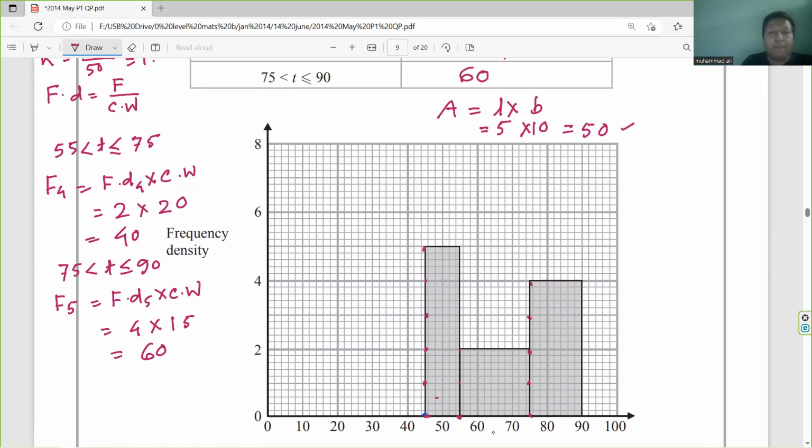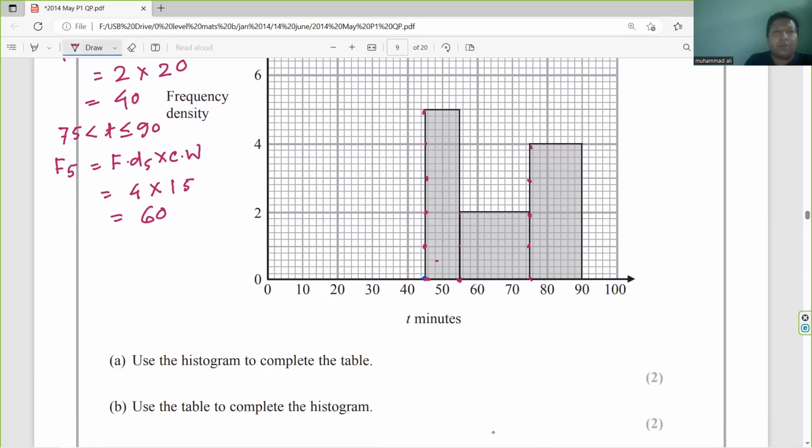Now we want to complete the histogram. If you want to complete the histogram, we follow this formula: frequency density equals frequency divided by class width.